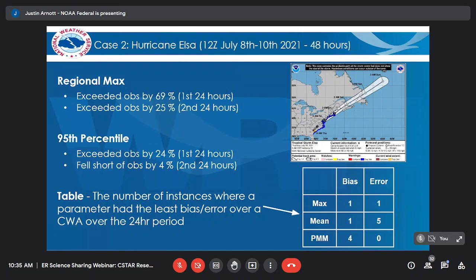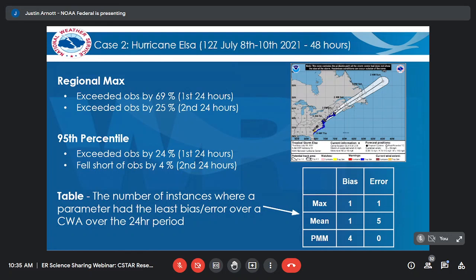Comparing the max and the 95th percentile, you can see by the numbers on the screen that the 95th percentile, even though it fell short of the observed events by 4%, drastically reduced the error of the false alarm ratio.